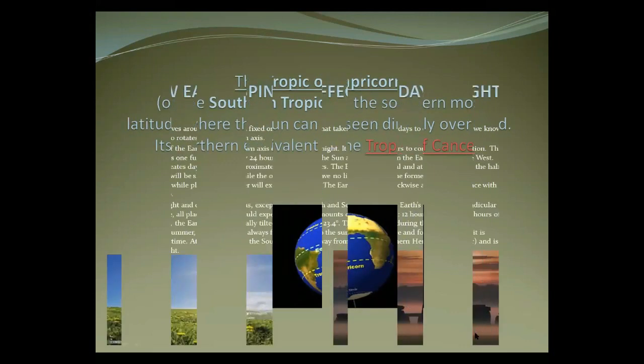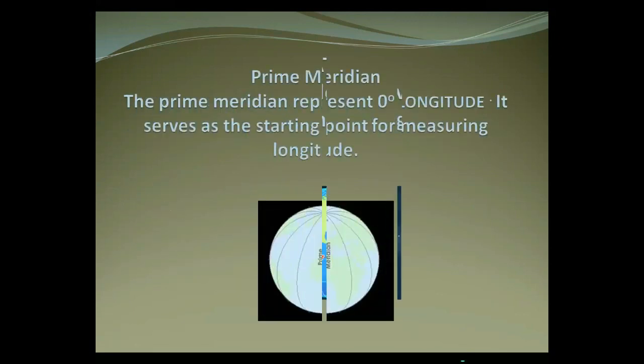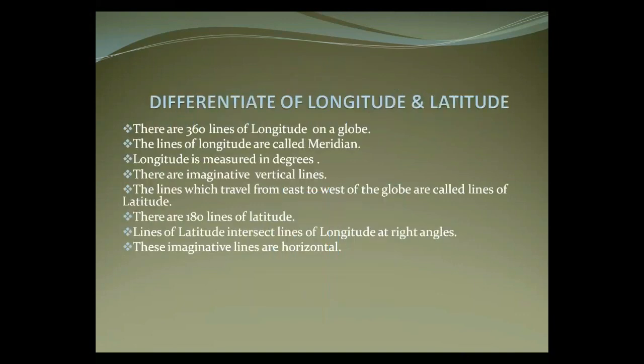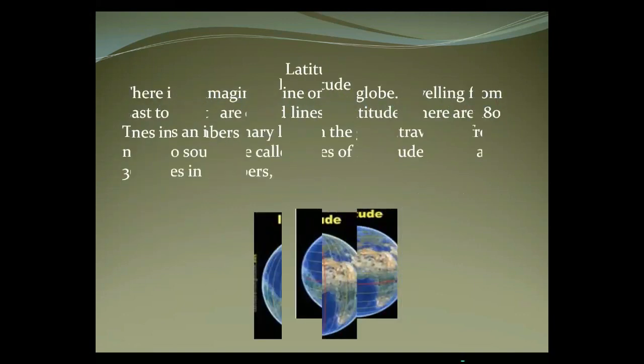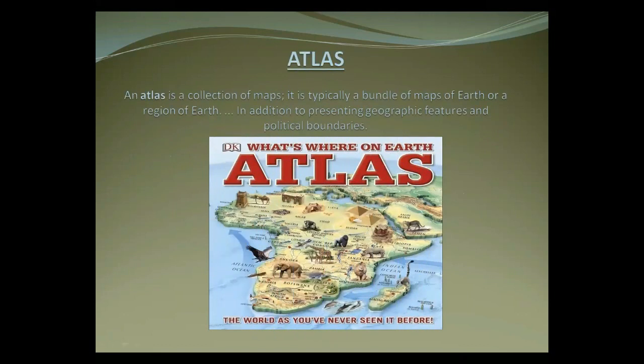An atlas is a collection of books of maps. An atlas has different types of maps, like physical maps, political maps, geographic maps, and it can also show the different types of features in detail.